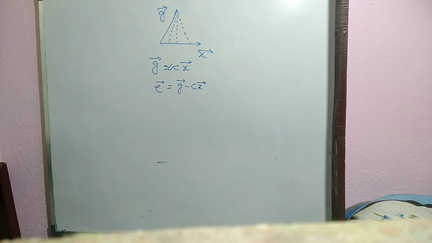What does it actually mean? It means we can analyze it in two ways. One is when g is represented in terms of x, the error will be minimum if the error is perpendicular to x.